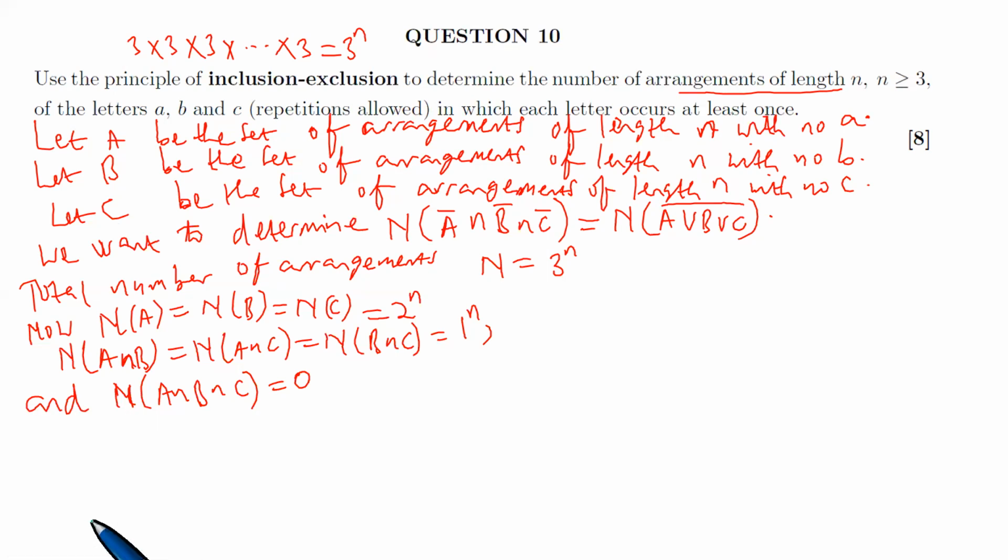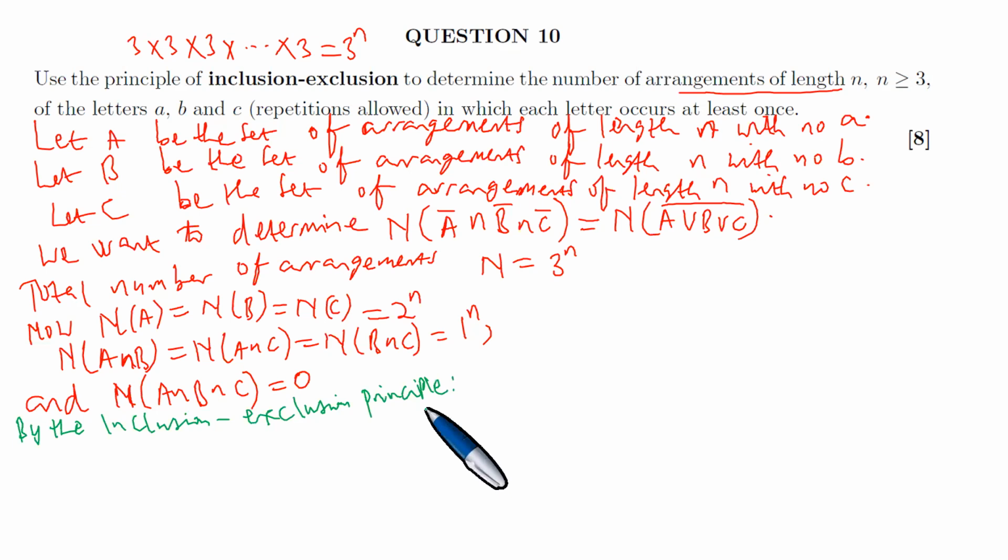We'll continue. By the inclusion-exclusion principle, okay, so you have A intersection B intersection C. Good, good, good.